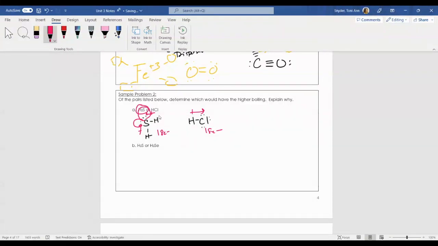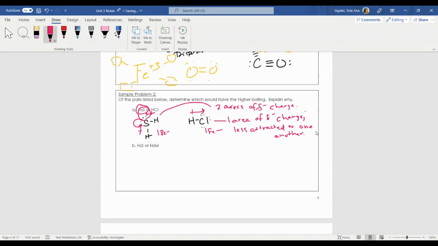In this case, our hydrogen sulfide is a little bit more polar because it has two areas of partial negative charge. This guy has only one area of partial negative charge, which means these are less attracted to one another. So it has to do with those areas of electrons here.